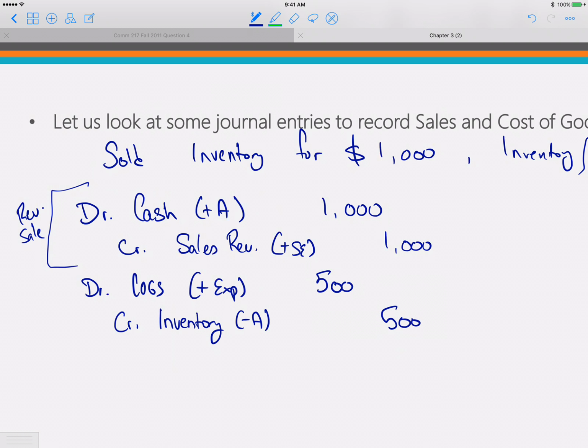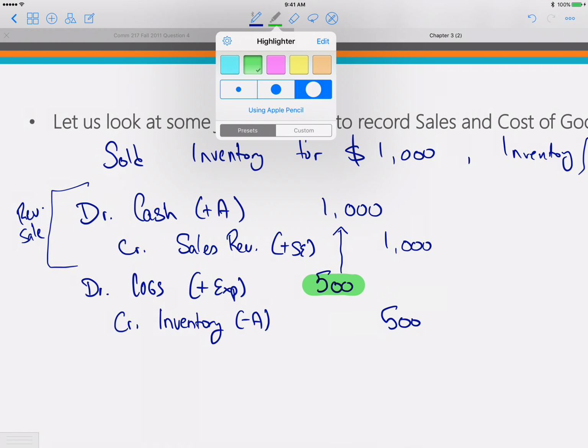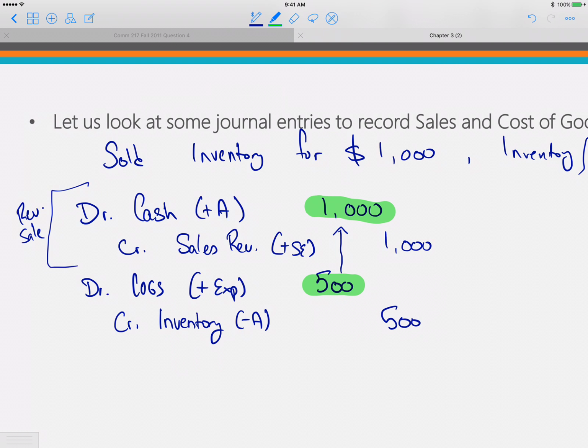So if you look at these journal entries, what we're showing is that this $500 of cost of goods sold, this expense, is what we used to generate $1,000 worth of sales. So we're just showing people that by selling $500 of inventory, we've actually generated revenue of $1,000 for the company.